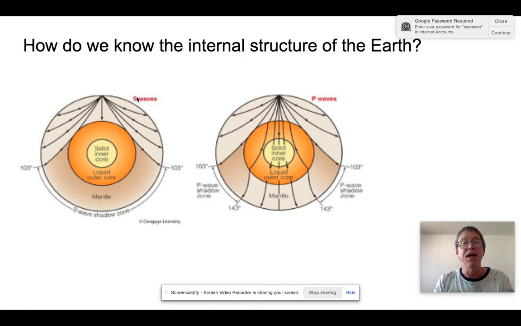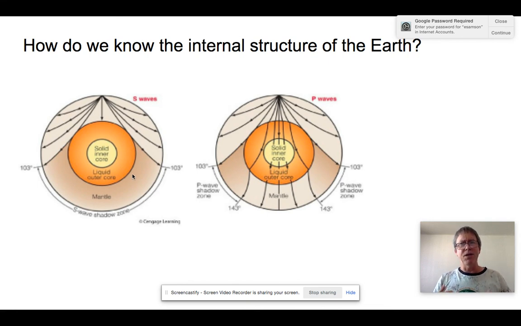And what we find is there's a shadow zone on the earth all the way from here over to here. So when an earthquake happens here, only this part of the world will register the S waves. The rest of it will be silence in terms of S waves. They just don't arrive. And the only explanation is there must be liquid. And in fact, by taking the angle here, we can figure out how deep that liquid zone must be.